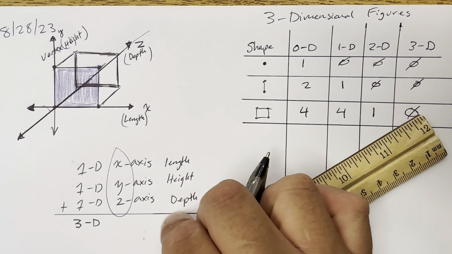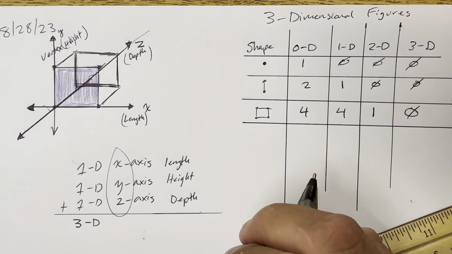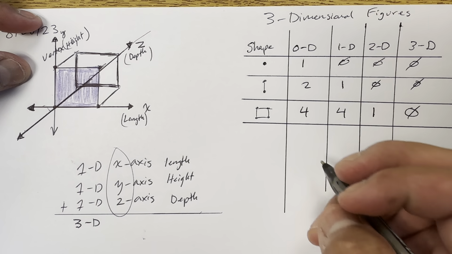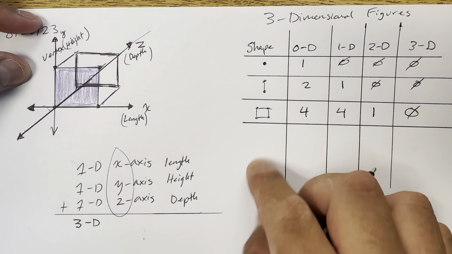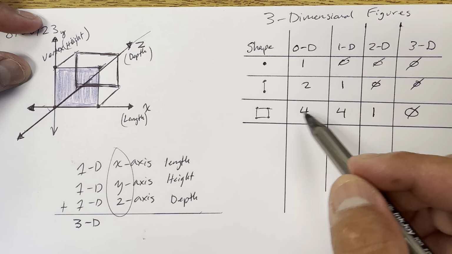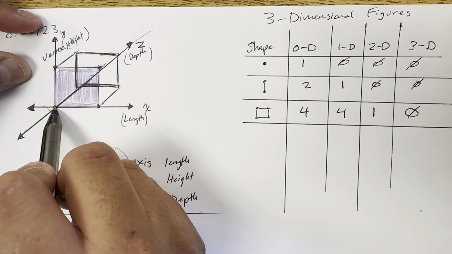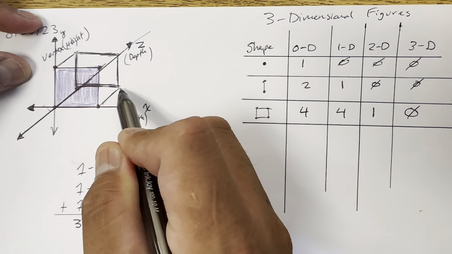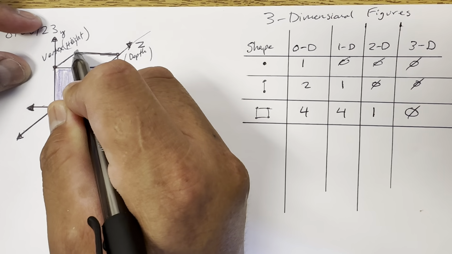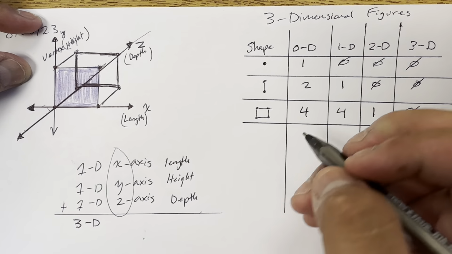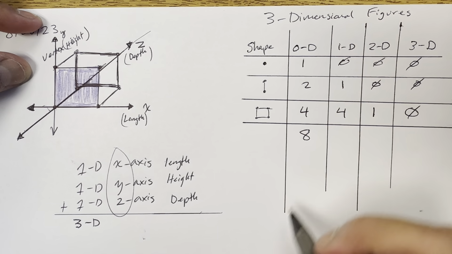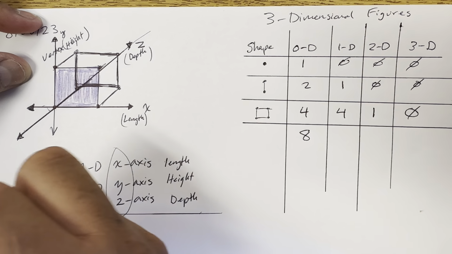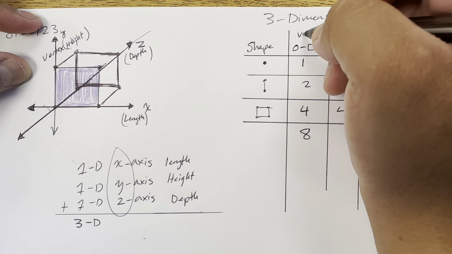But I have what you would call a cube, okay? Now again, what we're gonna do, we're gonna count all the 0 dimensionals. So we have 1, 2, 3, 4, on the other side, 5, 6, 7, 8. We have 8 corners, 8 0 dimensionals, 8 vertices.